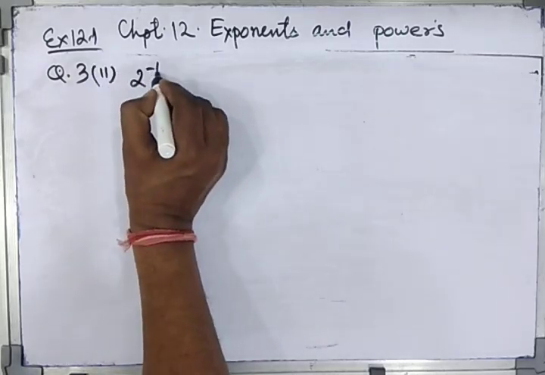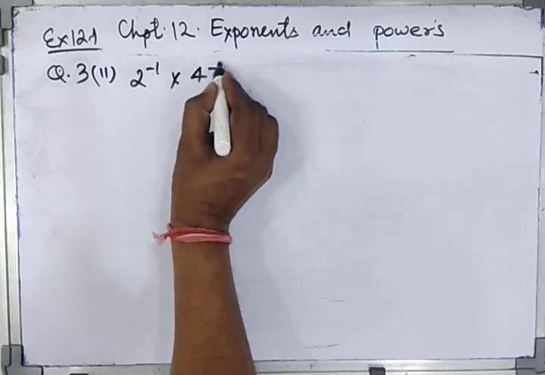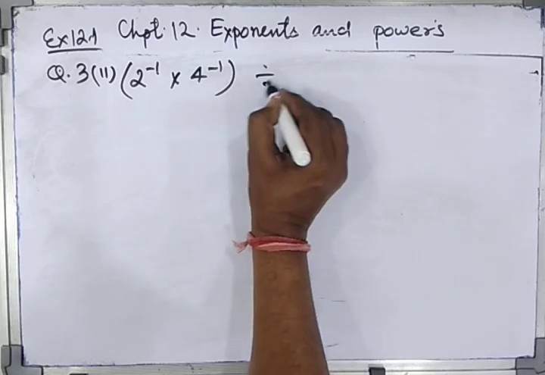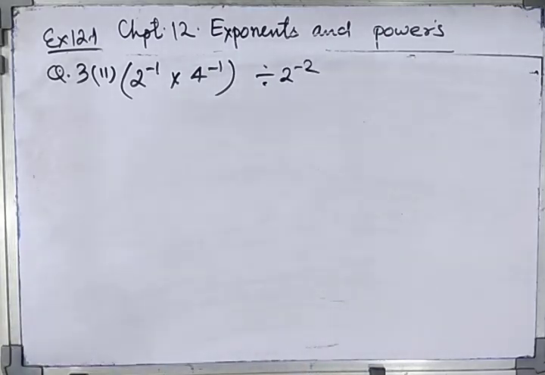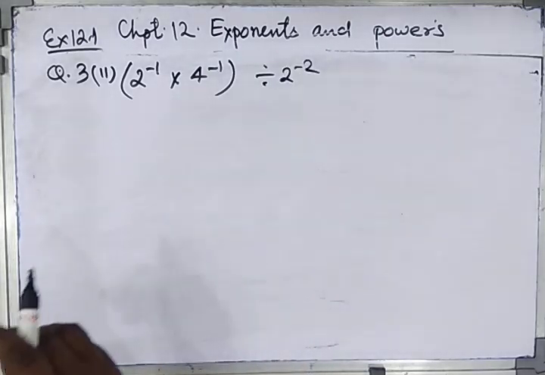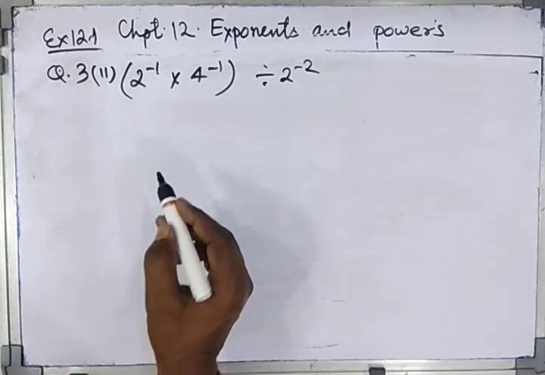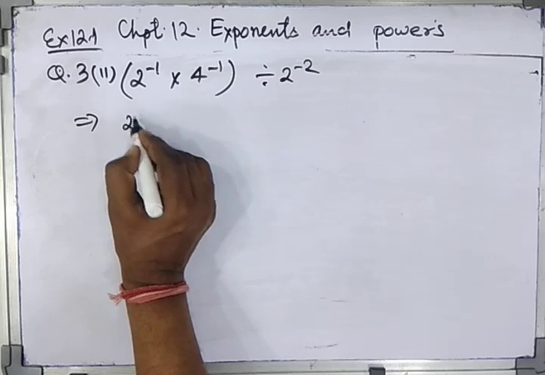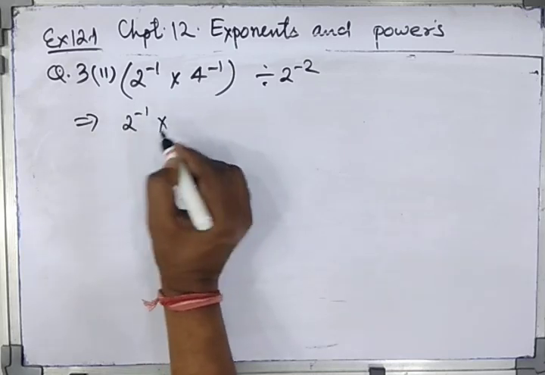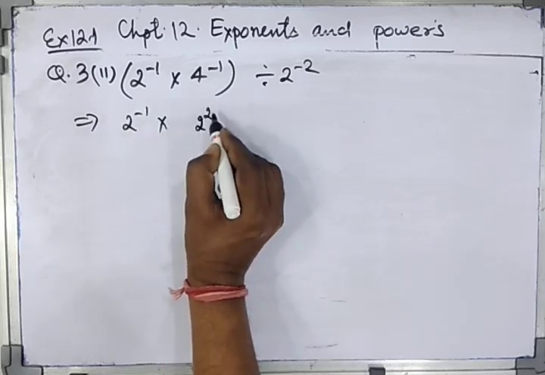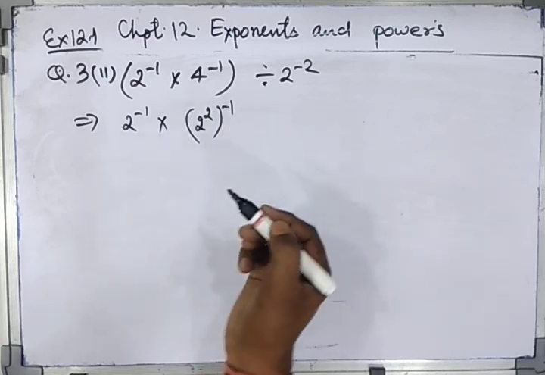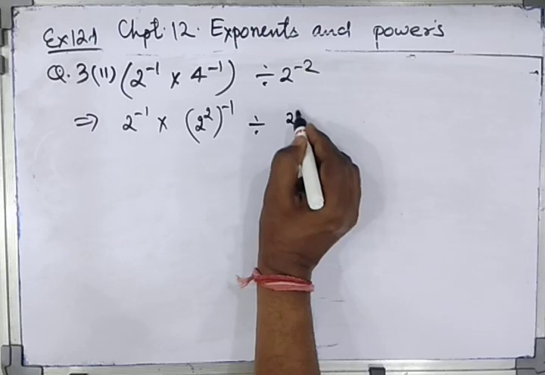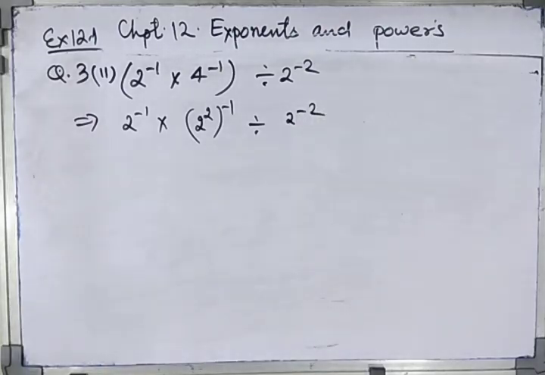2 raised to minus 1 into 4 raised to minus 1, divide by 2 raised to minus 2. So, students, 2 raised to minus 1 into (2 raised to 2) raised to minus 1, divide by 2 raised to minus 2.